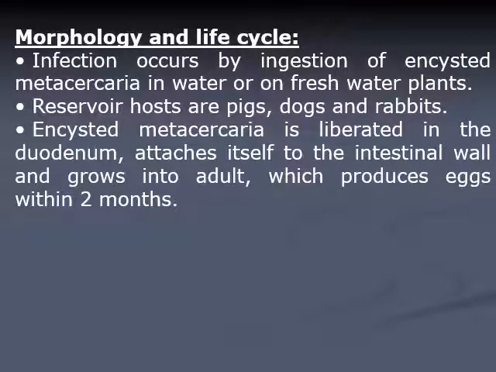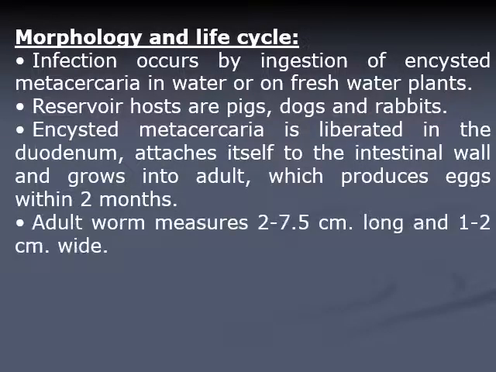Encysted metacercaria, when eaten, is liberated in the duodenum, attaches itself to the intestinal wall by the suckers, and grows into an adult, which produces eggs within 2 months, meaning from the beginning of infection till the infection becomes patent and eggs come out of the patient, it takes about 2 months.